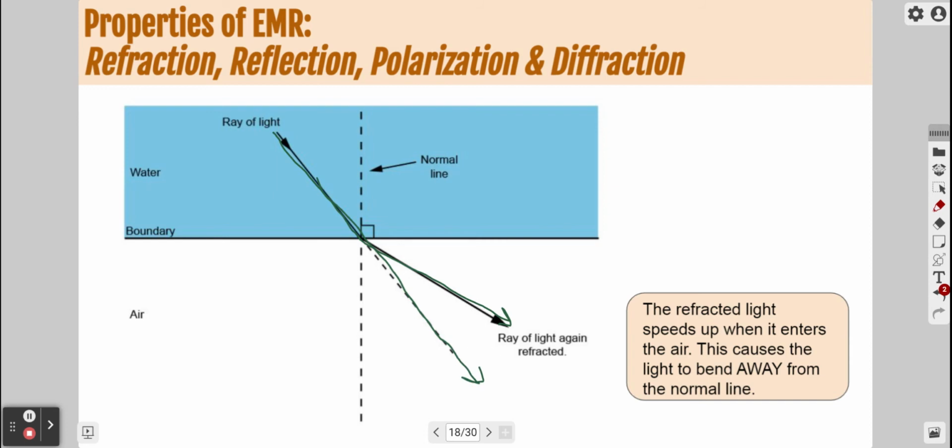Okay, we go straight through. That's what that dotted line represents. But because it's speeded up, it actually has moved away from what we call the normal line. Remember the normal line? It's the perpendicular line to the surface. So it's sped up a bit. So it's moved away from the normal line because it's sped up in air.